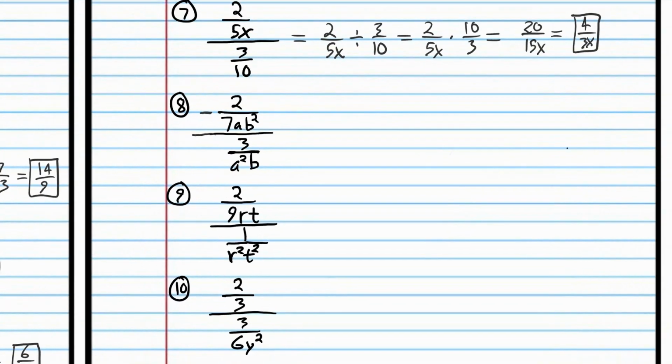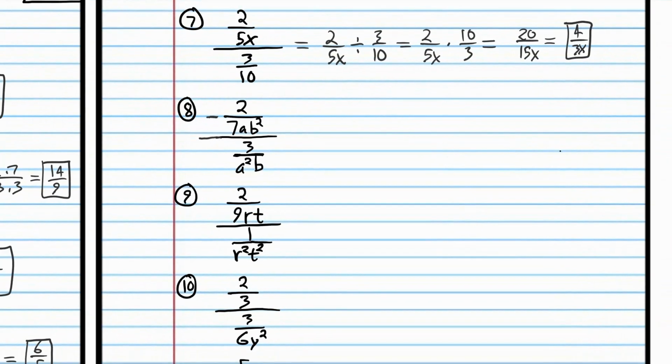All right. So on to number 8. We'll do another one together before you try one on your own. So changing to the older division symbol that we used in arithmetic.